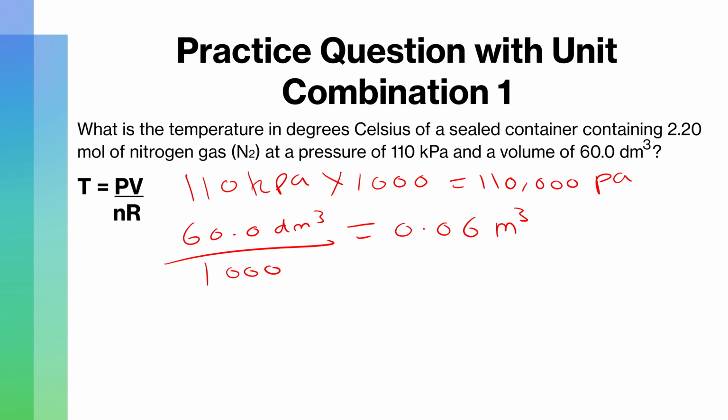Okay, so now we've converted those two variables to the correct numerical values and units. We've got all three given variables with the correct numerical values and units, and we've got a gas constant. We can now put those into our rearranged ideal gas equation for T.